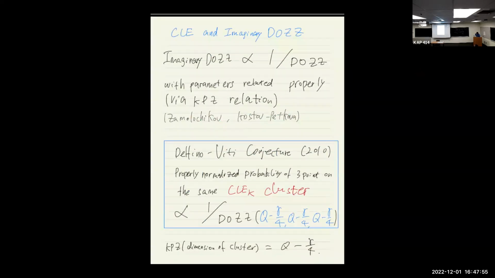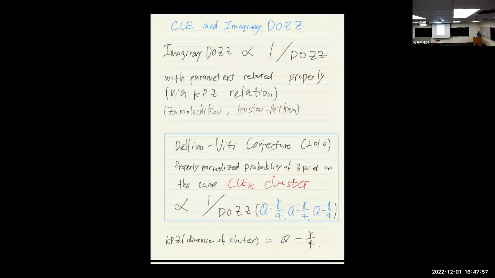So the last one is a bit more interesting. This is the so-called imaginary DOZZ formula. The imaginary DOZZ formula is related to the DOZZ formula by taking the inverse, and you also need to relate the parameters. The DOZZ formula has 3 parameters, alpha 1, alpha 2, alpha 3, corresponding to the 3 weights of these 3 points, the locations.